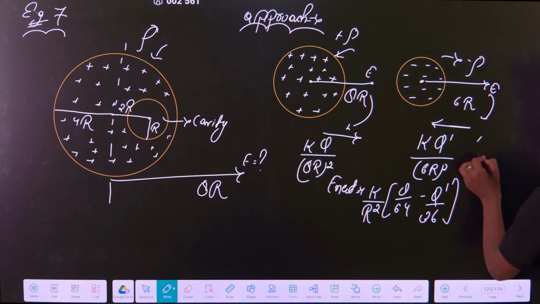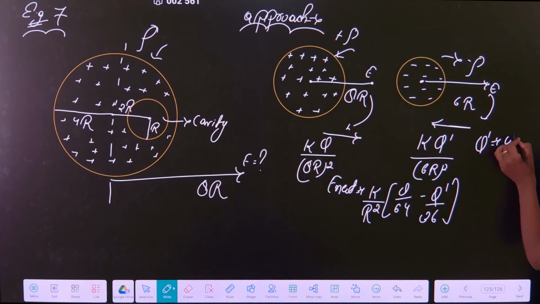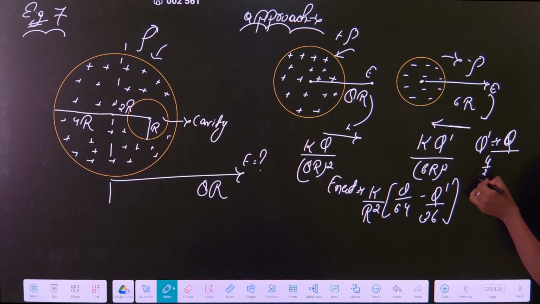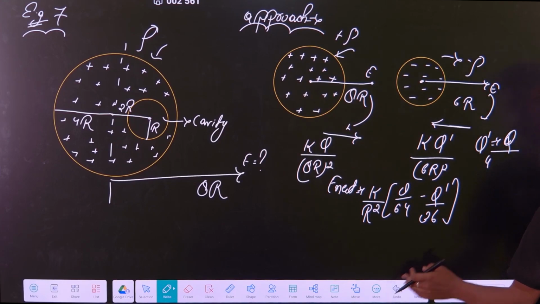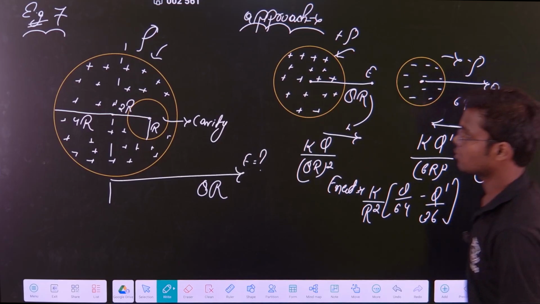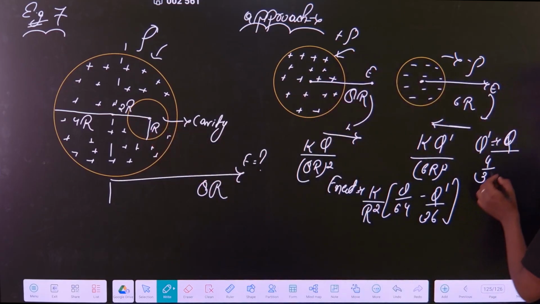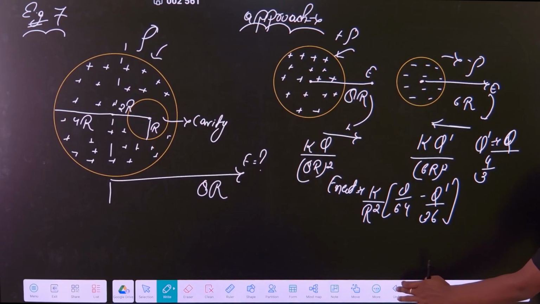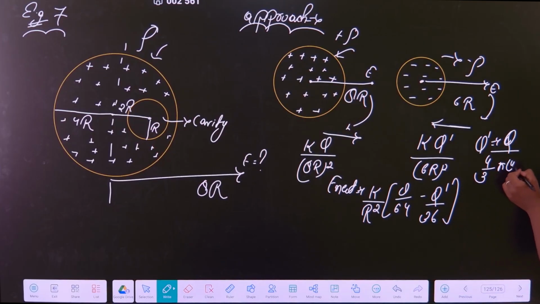Now how to find the q dash? Q dash will be capital Q by 4 by 3. What is the radius? For this bigger one it is 4r. So how will you write the radius for this? 4 by 3 pi into 4r cube, and for this, what is the radius? That is r cube.